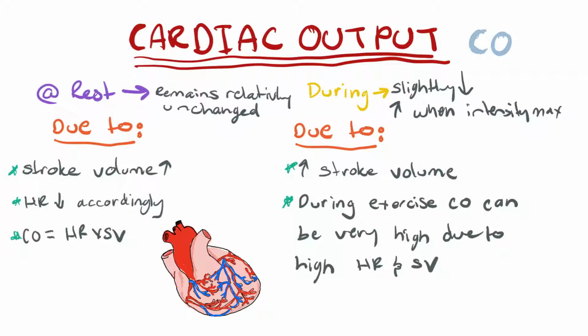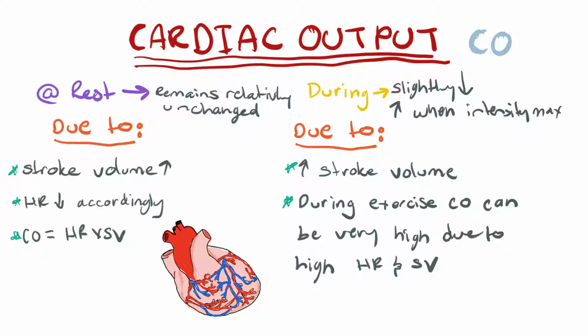The next physiological adaptation we look at is cardiac output, or CO. Now, cardiac output is the amount of blood pumped around the body in 1 minute. It is a product of stroke volume and heart rate. So when we look at our output altogether, we calculate how much blood is circulating in our body over a minute.